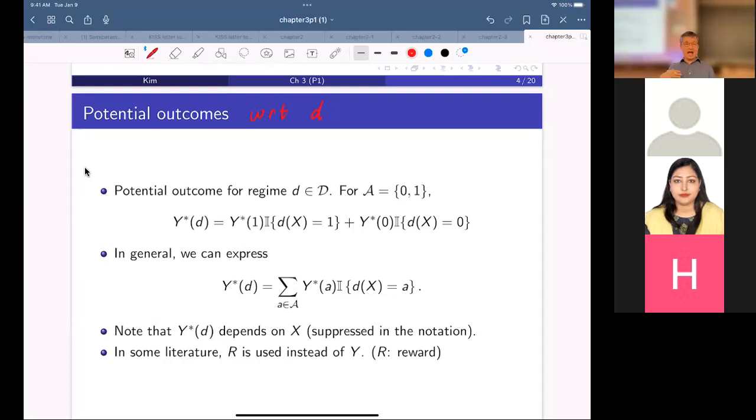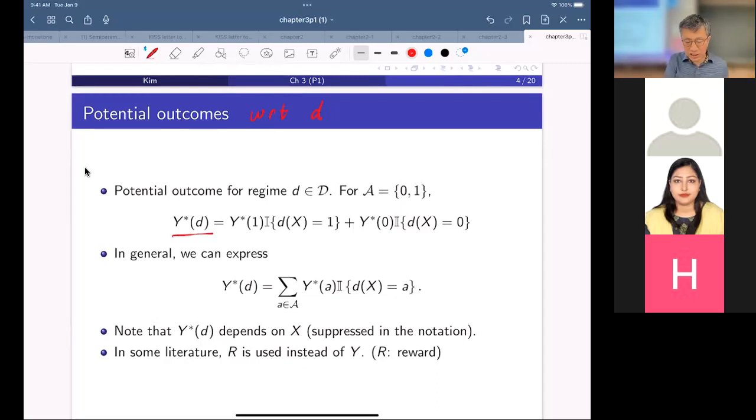When I give a treatment, I can conceptualize what would be the outcome if I choose D1 over D2, right? So there could be a potential outcome conceptually already. This is a very natural concept. It looks mathematically complicated, but conceptually it's a very natural thing.